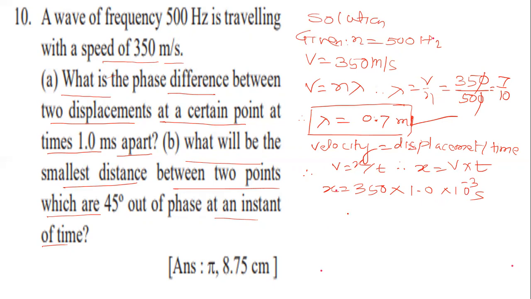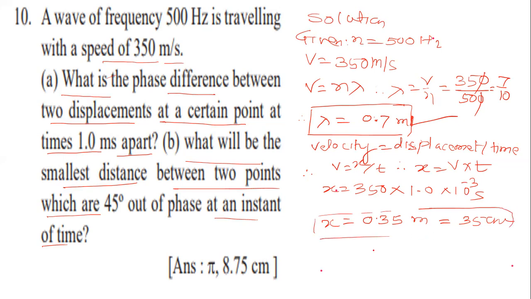So 350 into 1 into 10 raised to minus 3 becomes 0.35 meter. So this x is equal to 0.35 meter or 35 centimeter.